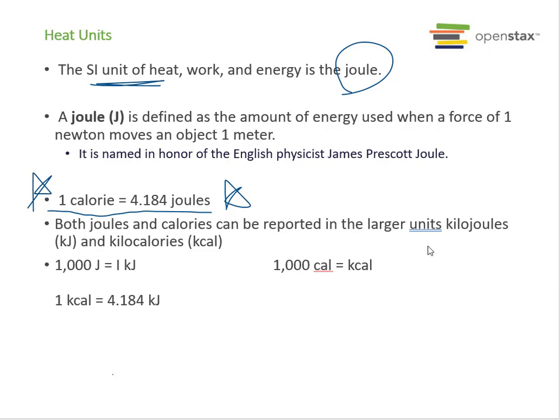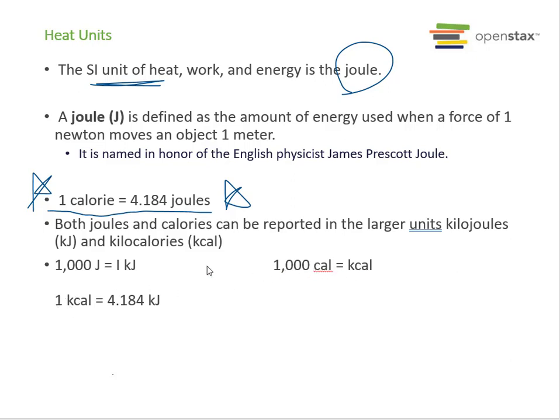Joules and calories can be reported in the larger units, kilojoules, kJ, and kilocalories, kcal. So 1,000 joules is equal to 1 kilojoule. 1,000 calories is equal to 1 kilocalorie.